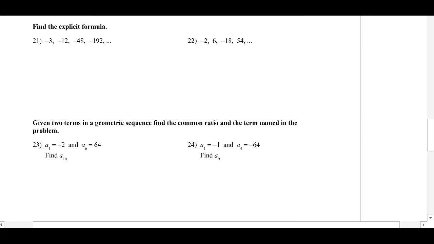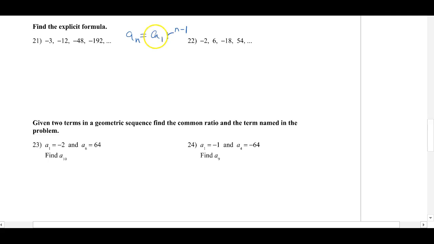Now here, find the explicit formula. Alright, well we've done this before, except now it's not adding, obviously. Looks like it's doing something else, probably multiplying or dividing a number. Okay, so what I need to do here is use the geometric explicit formula, and that is a1 times r to the n minus 1.